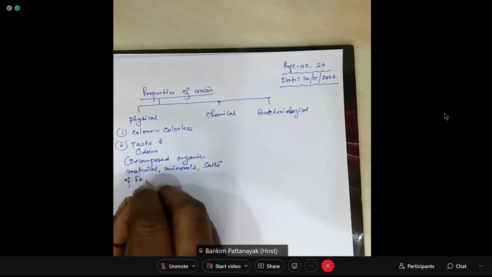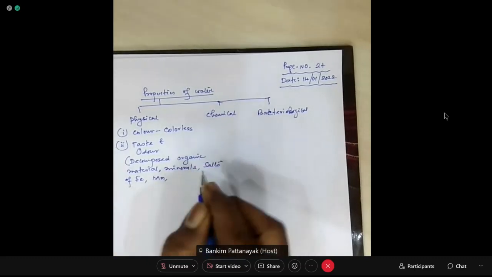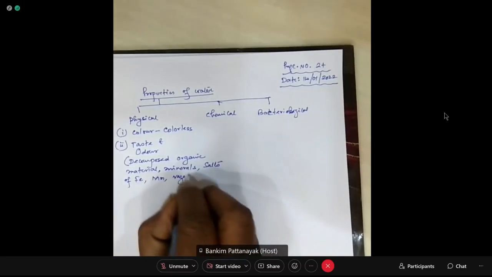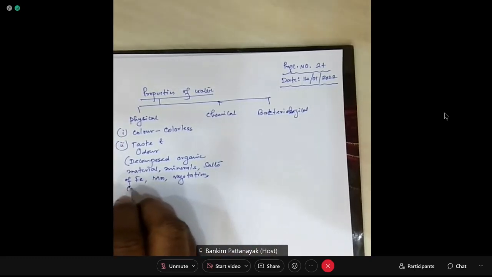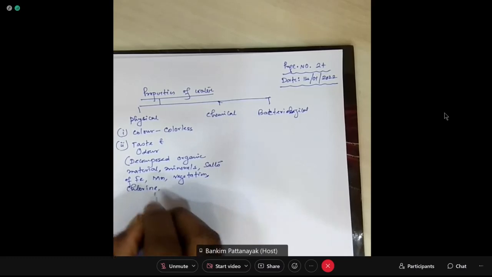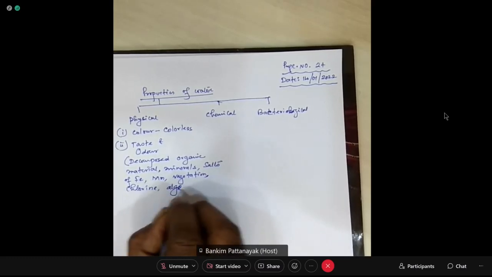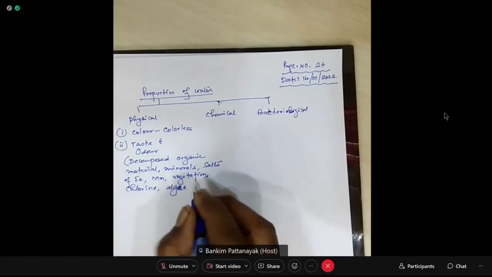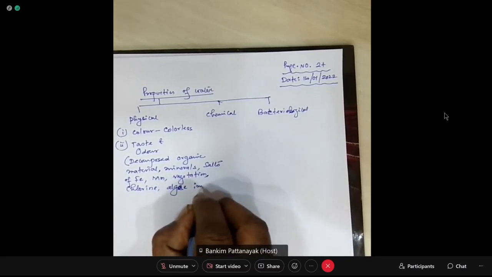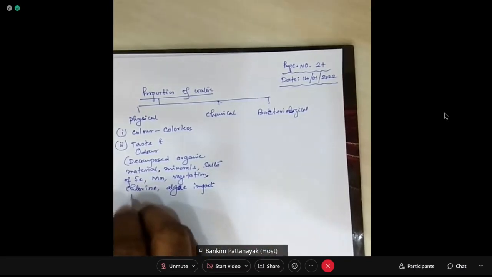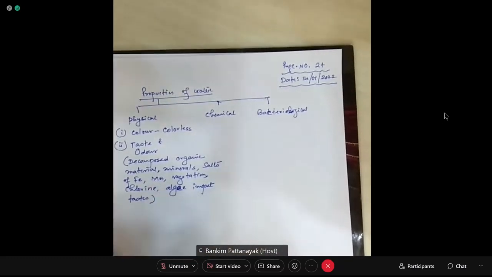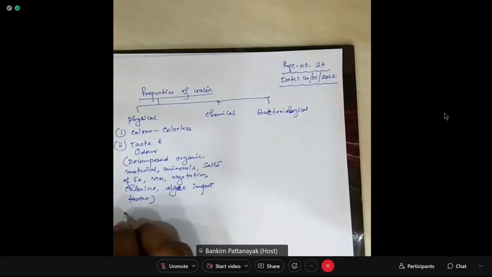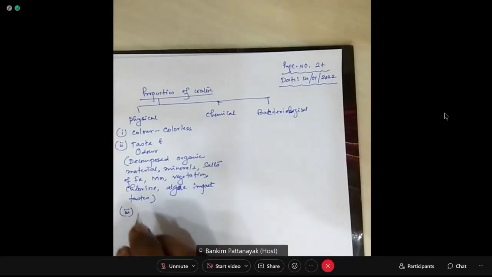of iron, manganese, vegetation, chlorine, algae impart tastes. Suspended solids.